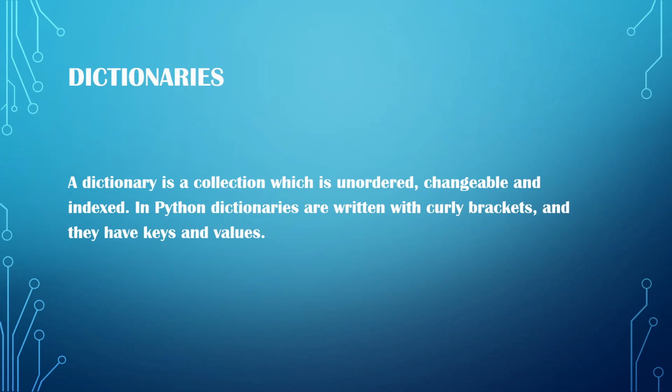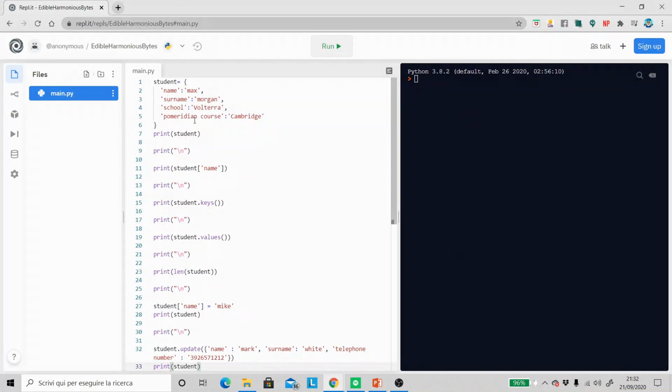A dictionary is a collection which is unordered, changeable, and indexed. In Python, dictionaries are written with curly brackets, and they have keys and values. Let's see some examples on the compiler. Now let's see this example. First of all, we have the dictionary that is student.